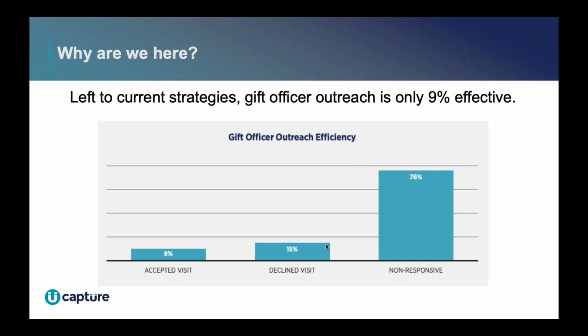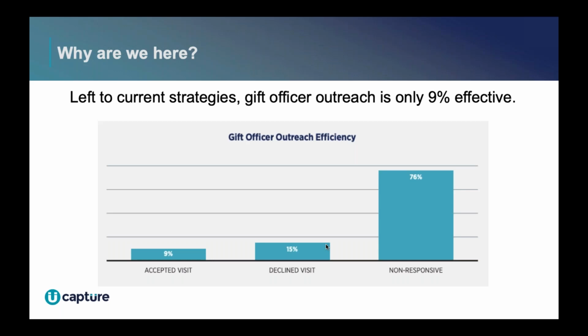One of the challenges we're facing today is how to become more efficient with gift officer outreach. Behind this study are 5 different gift officers that were tracked for a year, and we analyzed all of their outreach, whether phone calls, emails, or personal visits where they drop by, and tried to identify which of those actually resulted in a visit.